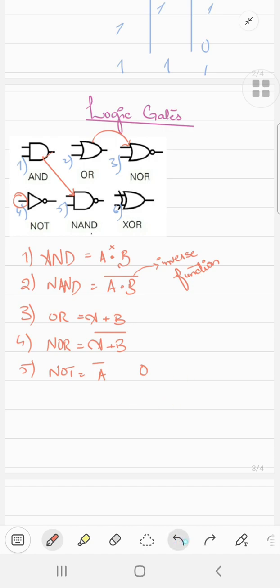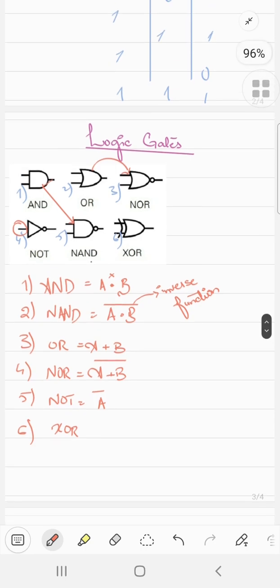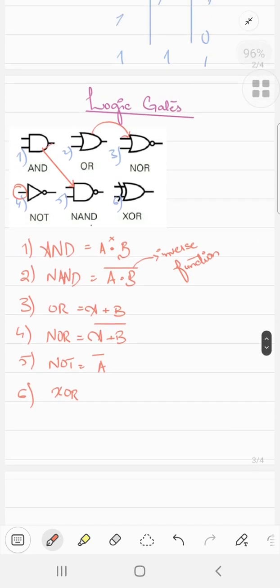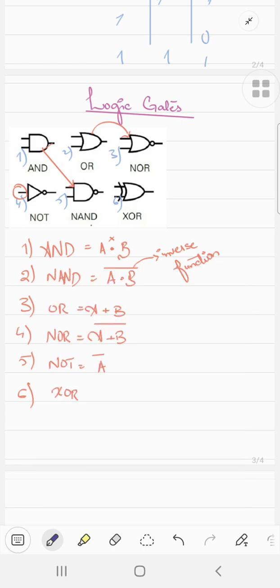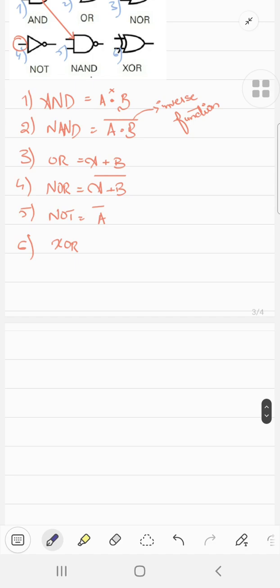If 1 was given to you, you will turn it into 0. Clear? The last but not the least gate that we have is the XOR gate. Now there's a proper explanation for the XOR gate. For the XOR gate, we have two different points.